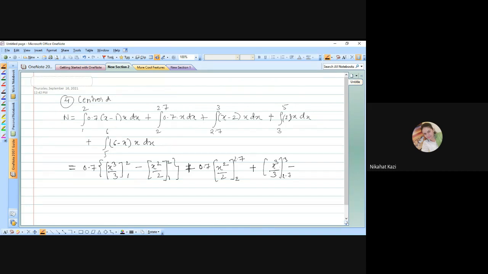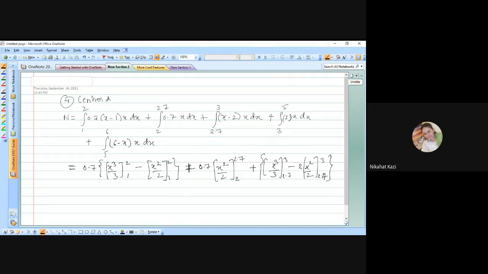Minus sign in between. 2 times x, integral of x is x square by 2. And this is the range 2.7 to 3.